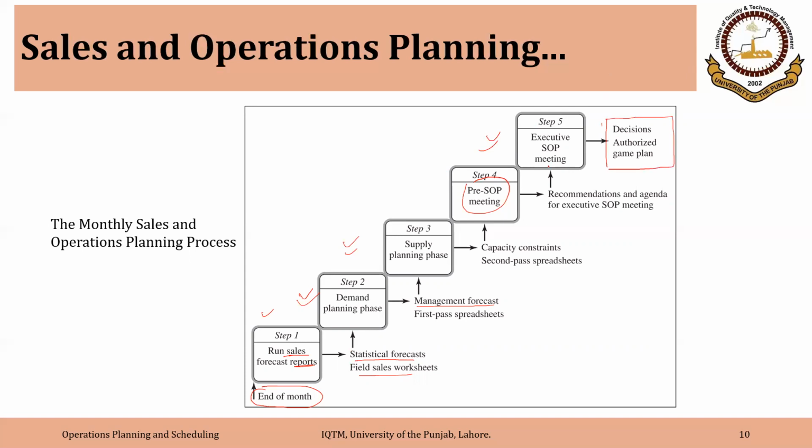So the most important point here is that this is a systematic process, and it is recommended to follow the details that are recommended in each of these 5 steps in order to make this process robust and to reach decisions that are realistic.